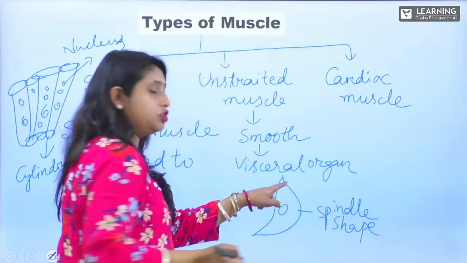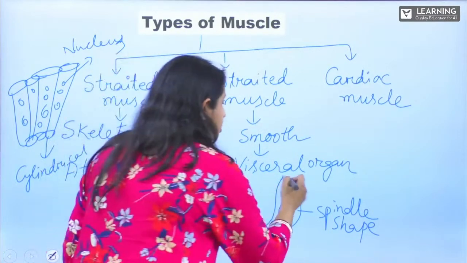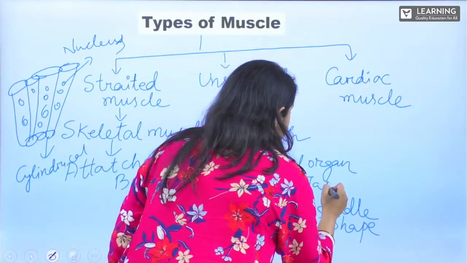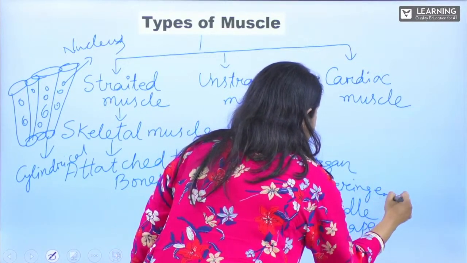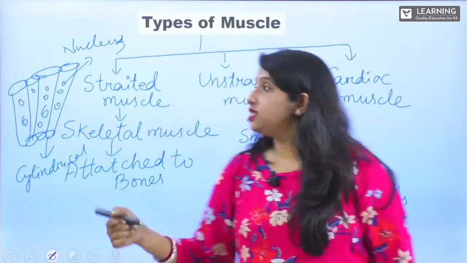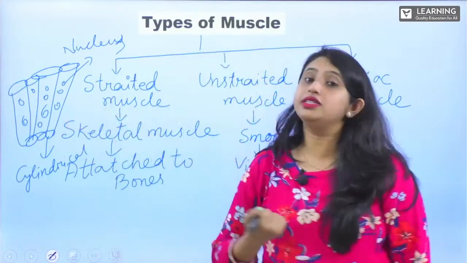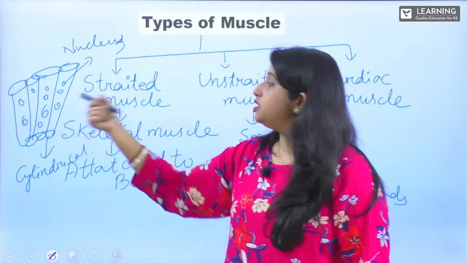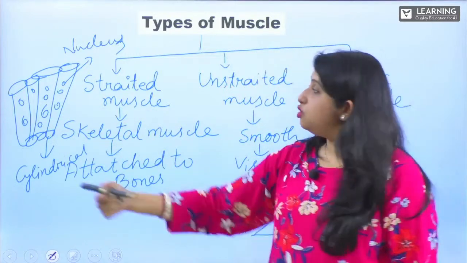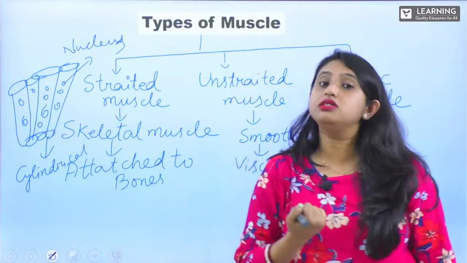You can see it has got an end, right? These ends are known as tapering ends. As you can see here, the striated muscles are unbranched. There is no branch. You cannot see any branches here, right?